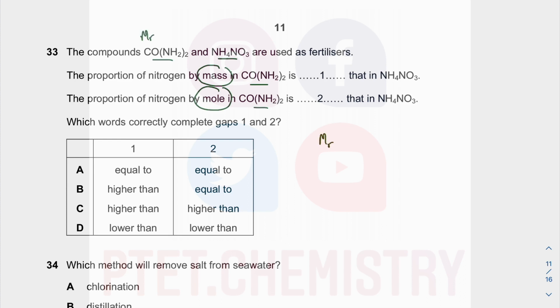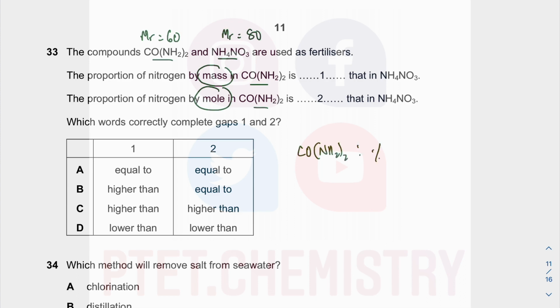So the Mr of CO(NH2)2 is going to be 12 plus 16 plus 2 times bracket 14 plus 1 times 2. That gives me 60. The Mr of NH4NO3 is 14 plus 4 plus 14 plus 16 times 3. That gives me 80.